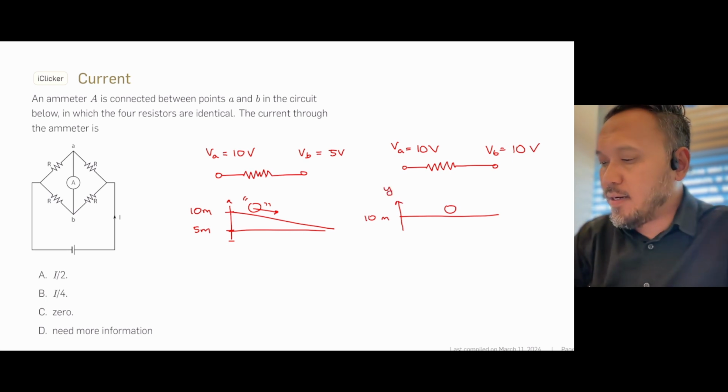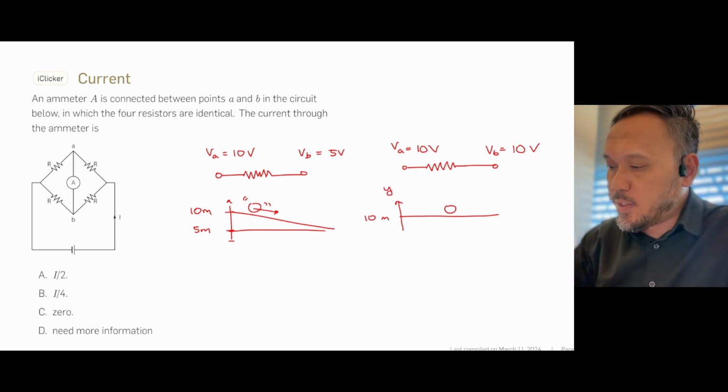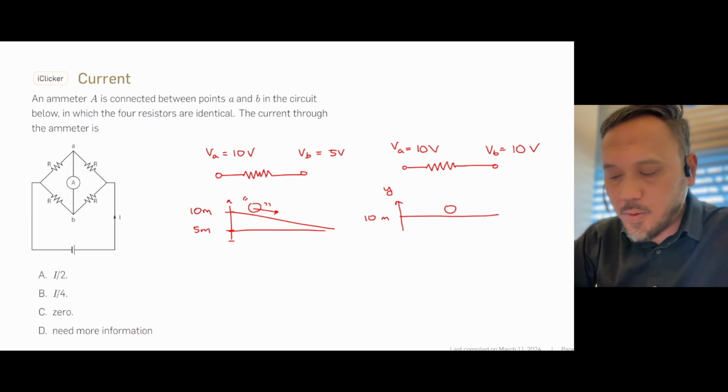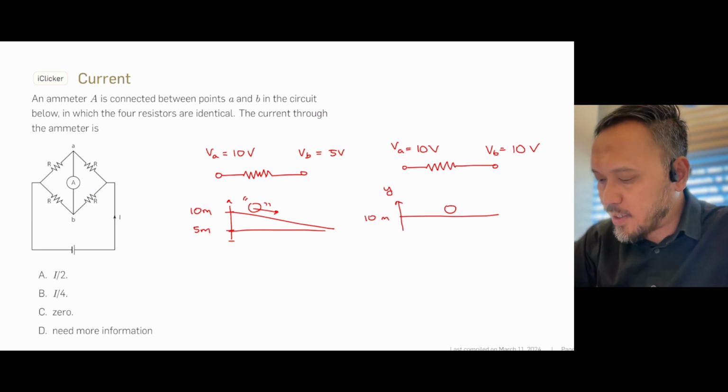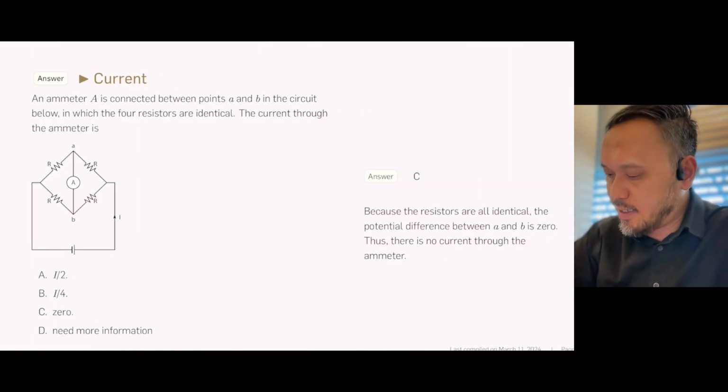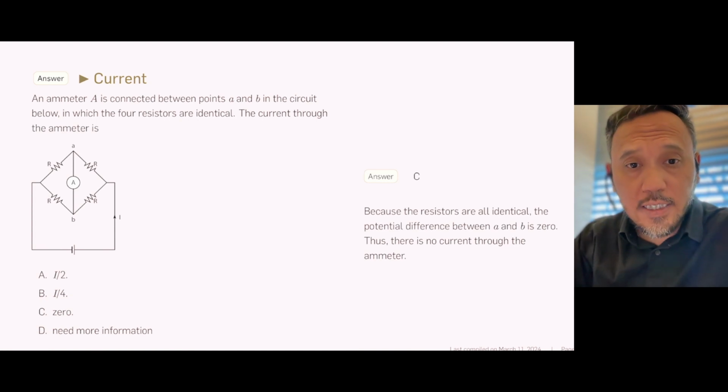Using this analog, I showed the same problem to all of you earlier this morning, and as far as I remember, most of you got it right. The answer is C, 0. This is because the circuit is symmetric.